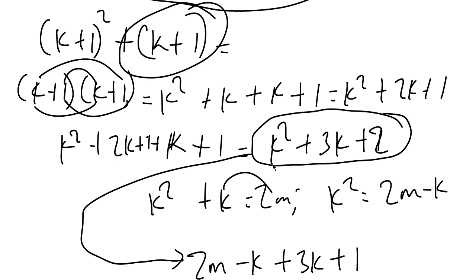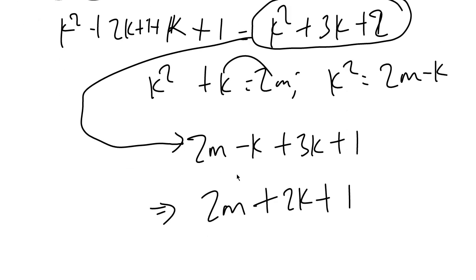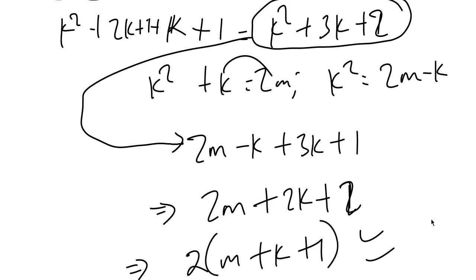That's how we got k squared plus 3k plus 2. Are you following? Then from there, what we will have here is 2m plus 2k plus 2. That was the omission, right? So you can factor out 2, it will now be 2 into m plus k plus 1. This is the leading expression. Are you getting it? Very good.